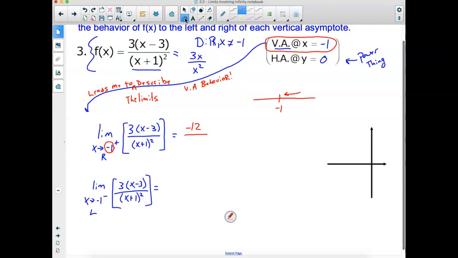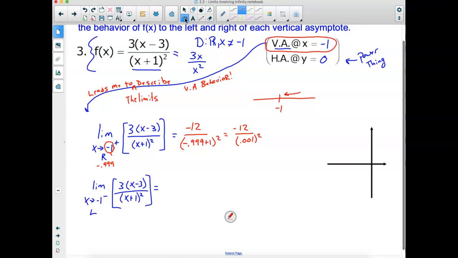Remember this number of -0.999, because I'm getting closer and closer to -1. When I plug this in here, -0.999 plus 1 squared gives me -12 over 0.001 squared. And if you square 0.001, it actually gets a lot smaller.